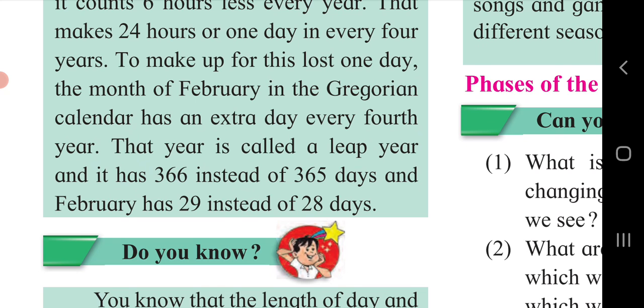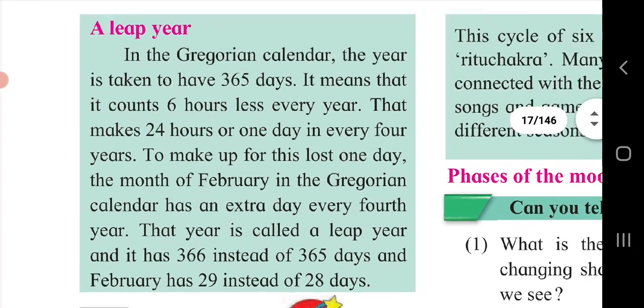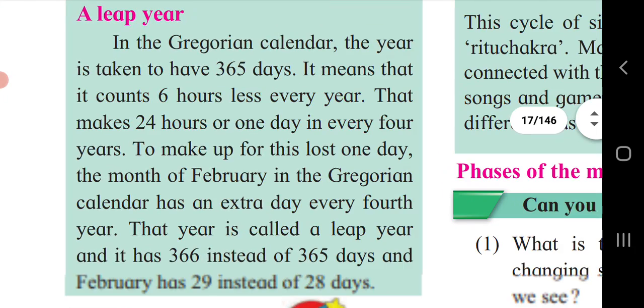And February has 29 instead of 28 days. Just as I told you, it takes 365 days and 6 hours to revolve around the sun. But how to count the 6 hours in a day? 24 hours make 1 day, so 6 hours cannot be a day. So when 4 years pass, 6 hours, 6 hours, 6 hours, 6 hours, 6 fours are 24.